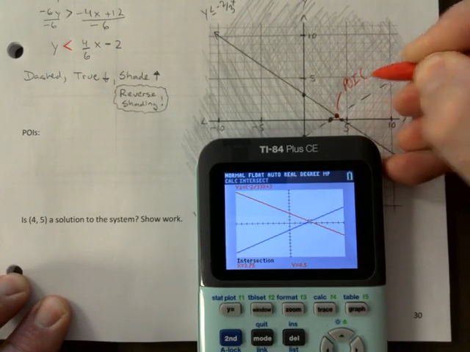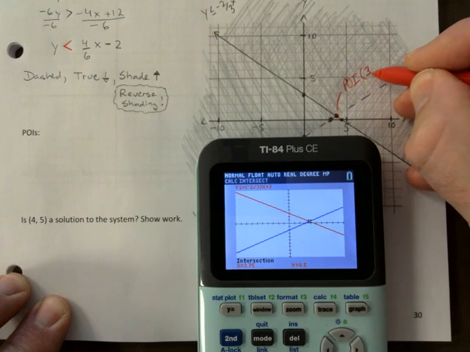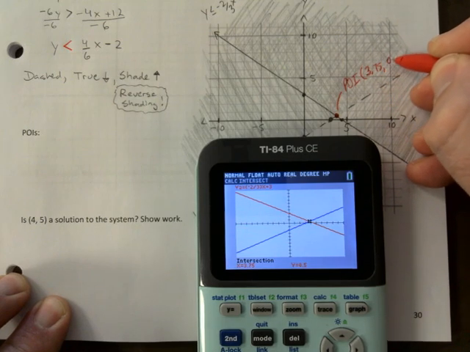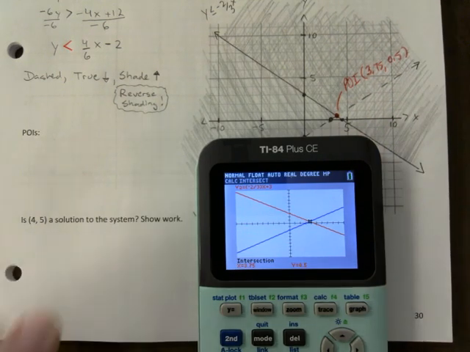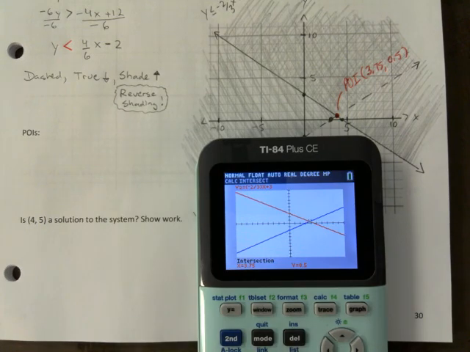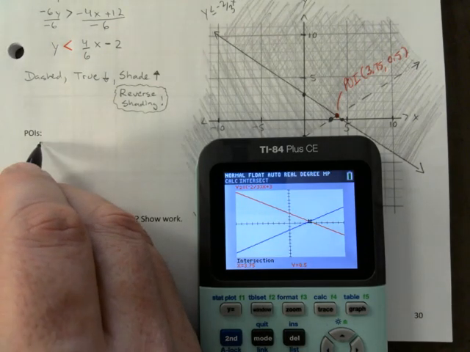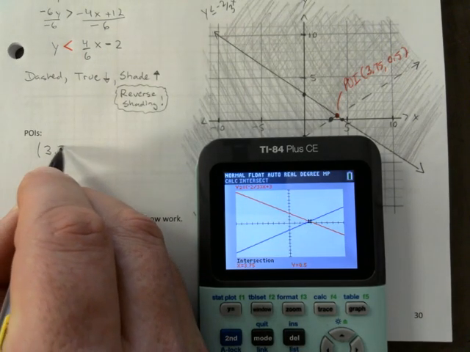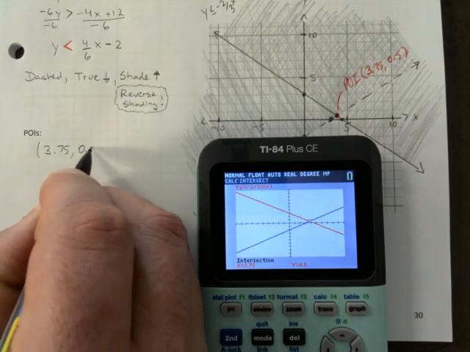POI is 3.75, 0.5. Later on, when we do word problems, we may need to round, but this is not a word problem, right? Real numbers. You could have everything. So I'm just going to write that down on the side here. 3.75, 0.5. That's it.